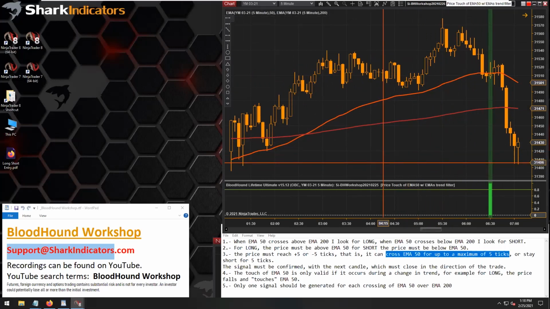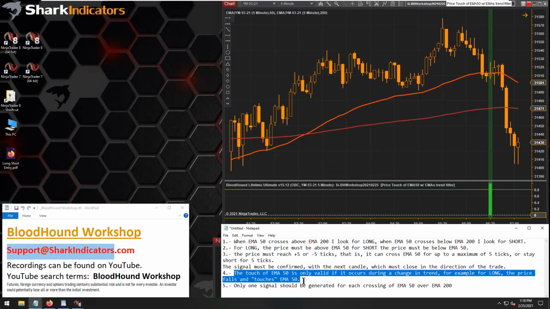Let's see. I'm looking at condition number 4. This is what we're skipping because this is subjective. There's no clear logic as to what exactly that means. What does "only valid if it occurs during a change in trend" mean exactly?